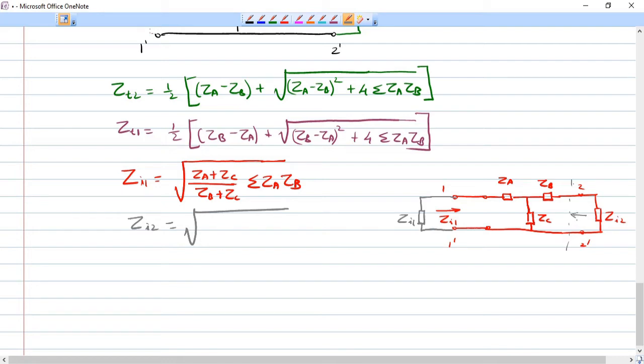Okay, so you see ZI2 as the image impedance. So that will be given by square root of ZB plus ZC divided by ZA plus ZC into sigma ZA ZB. Okay.